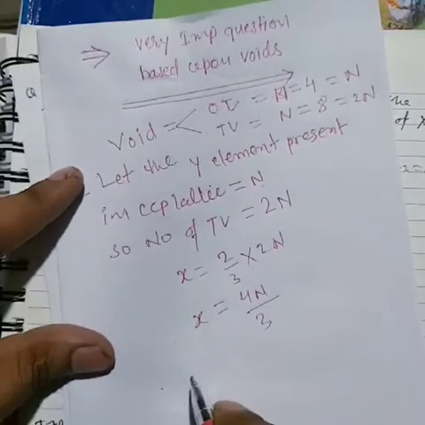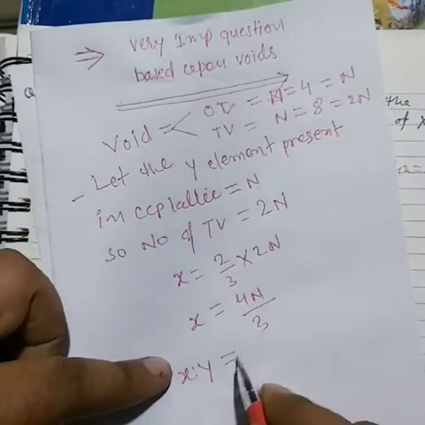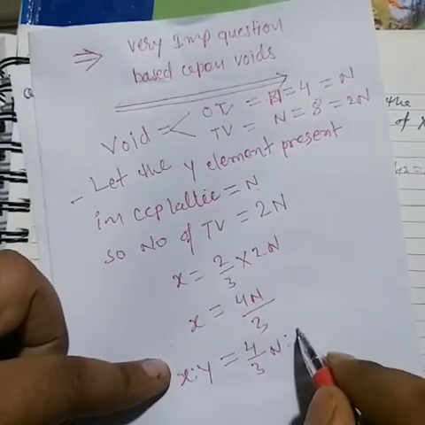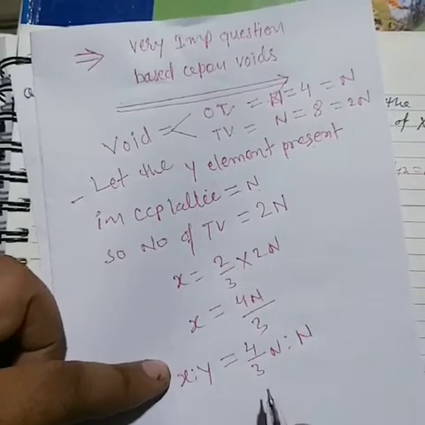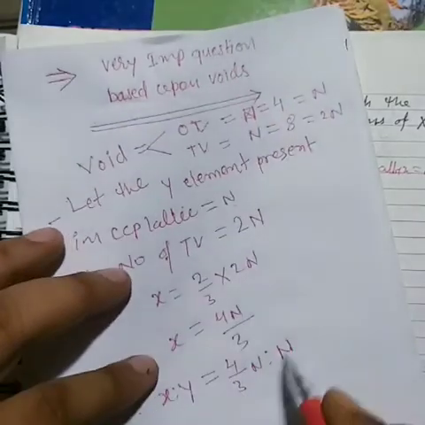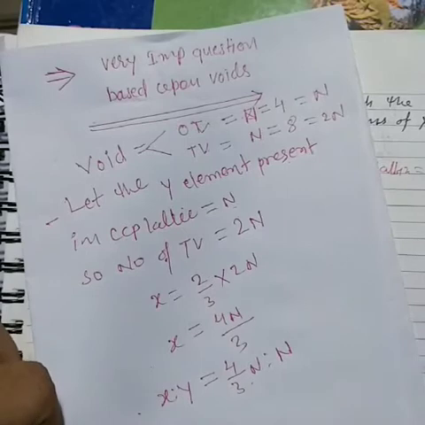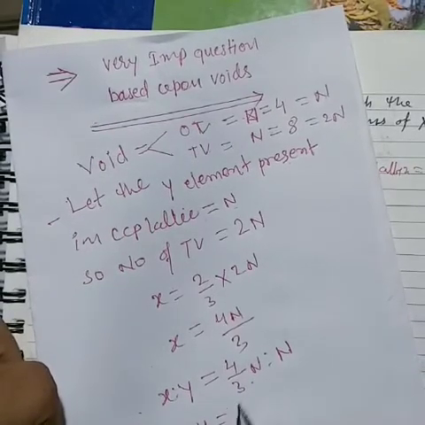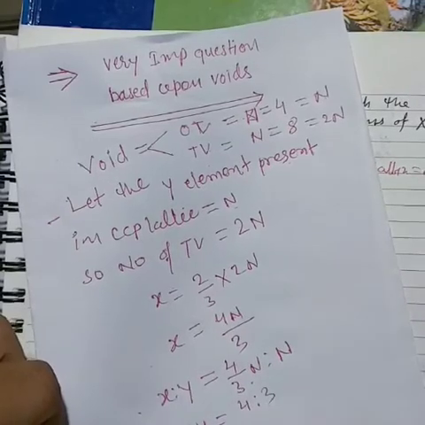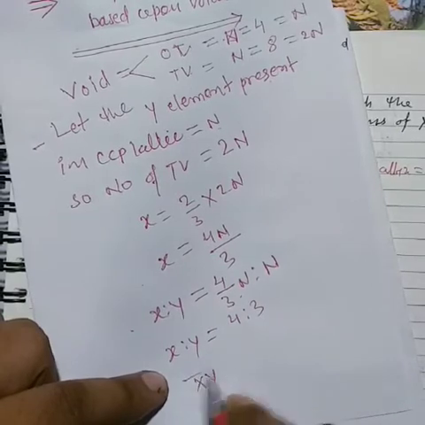Now what is the ratio, students? X to Y is 4 by 3N to Y, that means only N, the octahedral ratio having N. Following the rule, we cross multiply, so X to Y we get 4 by 3, and finally the answer is X4Y3.